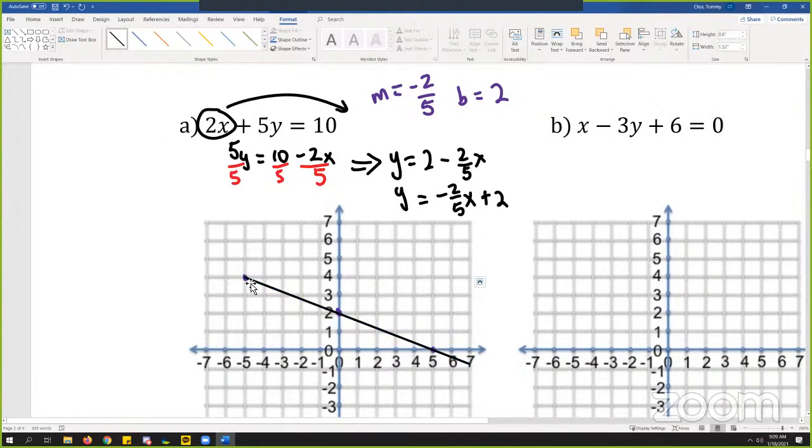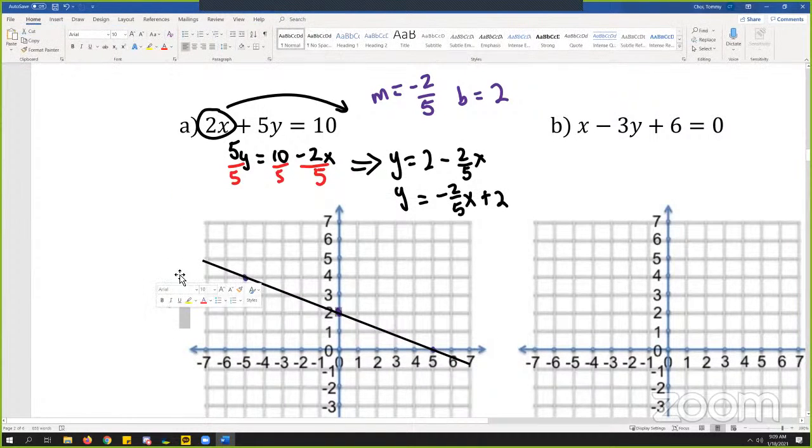Okay? So there's our graph for the first one. So even though you have it in standard form, this is standard form here, you can always rearrange it to find the slope and y-intercept. Just be careful that you are doing your algebra correctly as you move terms to the other side.